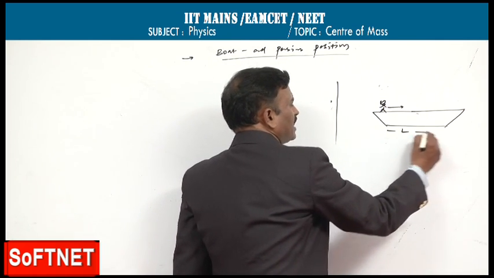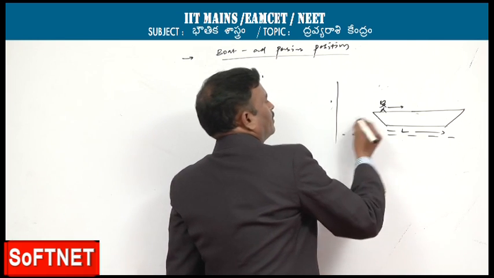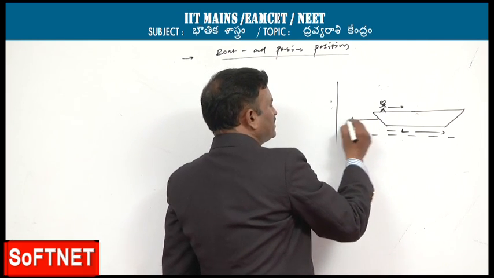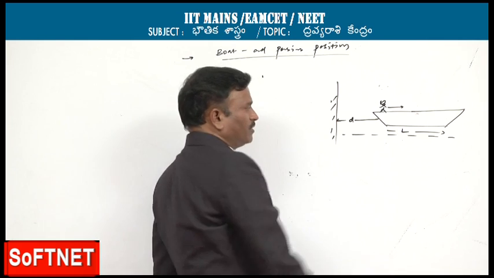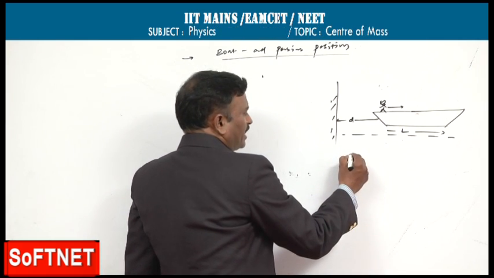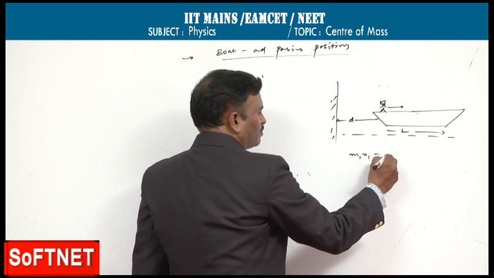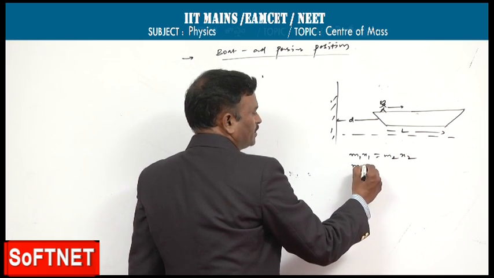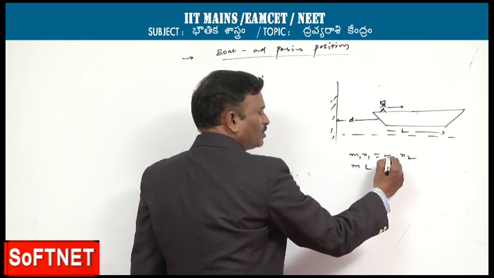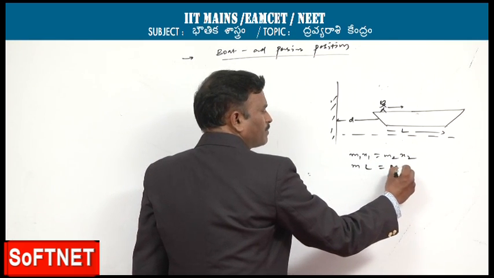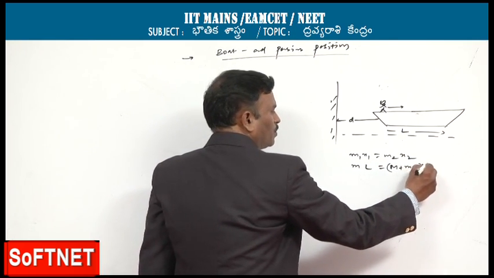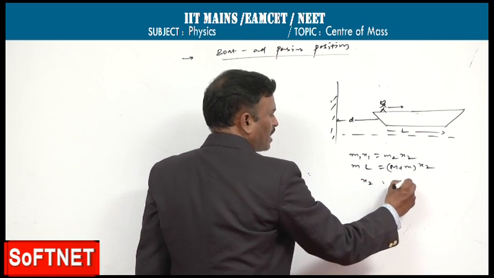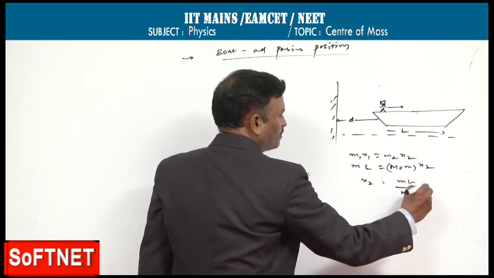The length of the boat is L, same way, and it is at a distance d from the shore. Then that time x2, same way, m1 x1 is equal to m2 x2. Here m is the mass, x1 is the length of the boat he can move, and m2 is capital M plus small m, into x2. x2 is equal to mL by capital M plus small m.